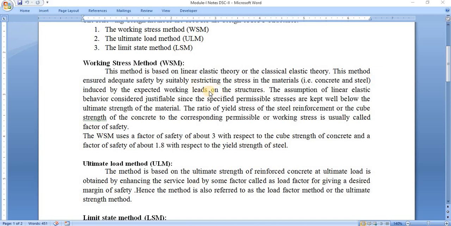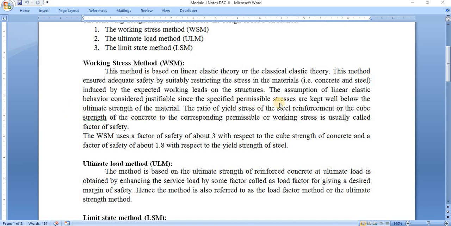So under the adequate expected working loads on a structure, the assumption of linear elastic behavior is considered justifiable since the specified permissible stresses are kept well below the ultimate strength of a material. That's what I have said. Let us think that the ultimate, meaning maximum, strength of a material, that is concrete and steel, has a certain limit. Let us think that X is the maximum strength of concrete and steel.